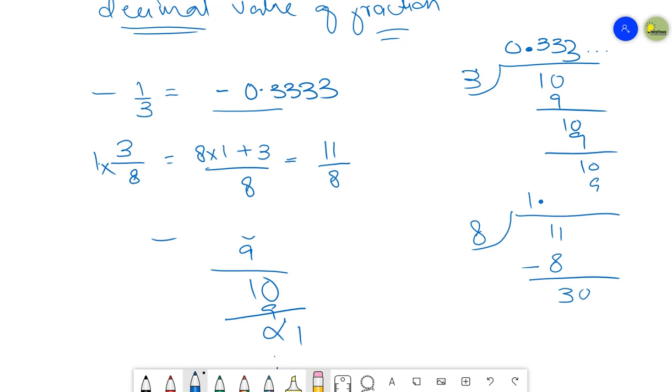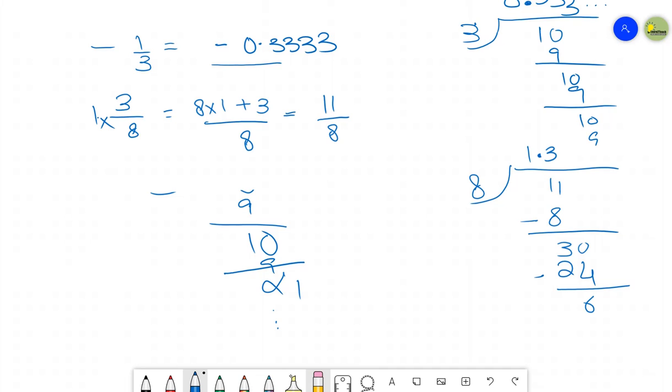Then 8 threes are 24, right? 8 threes are 24. So 6 is the remainder.